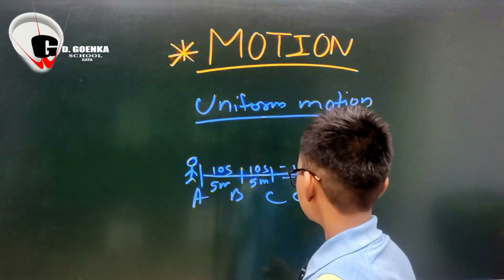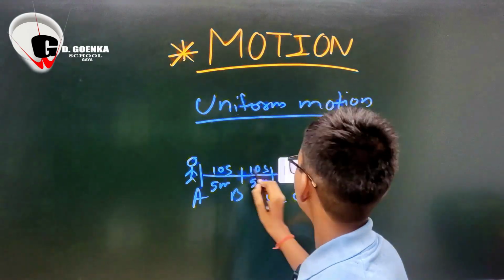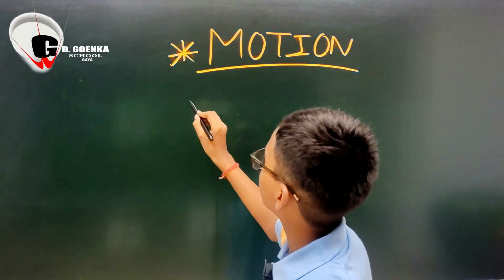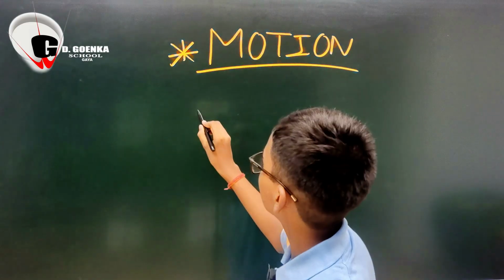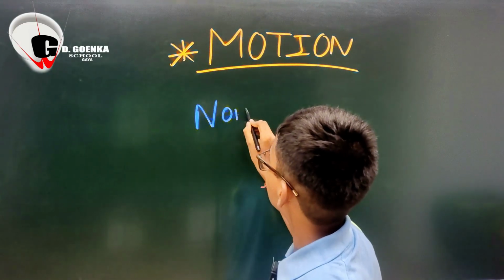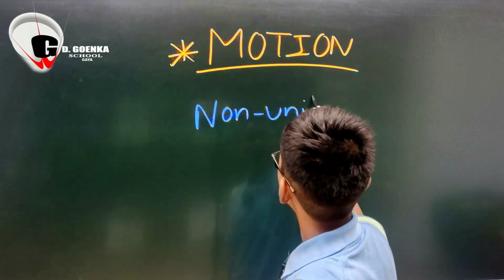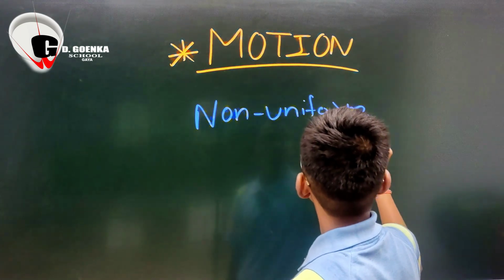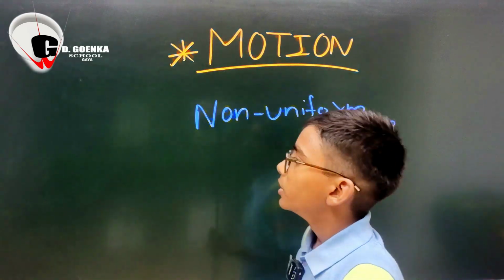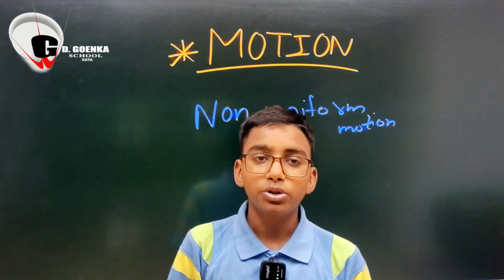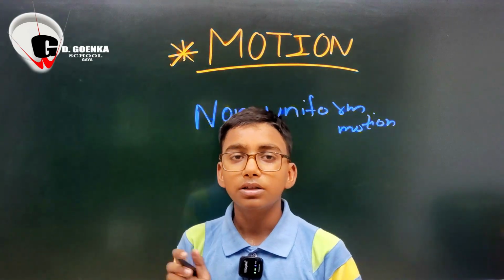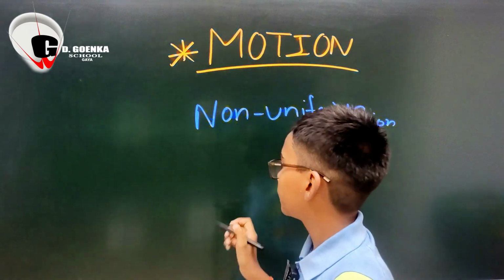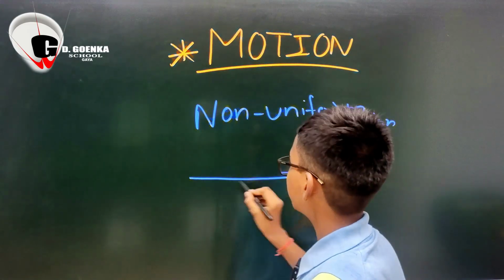Now next is non-uniform motion. Non-uniform motion is when the object covers the same distance, 5 meters, 5 meters, 5 meters, but in unequal intervals of time.